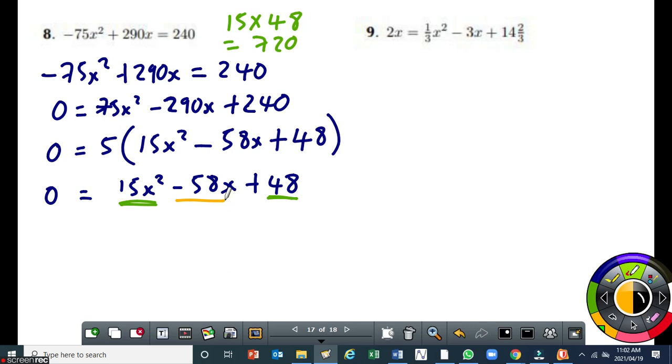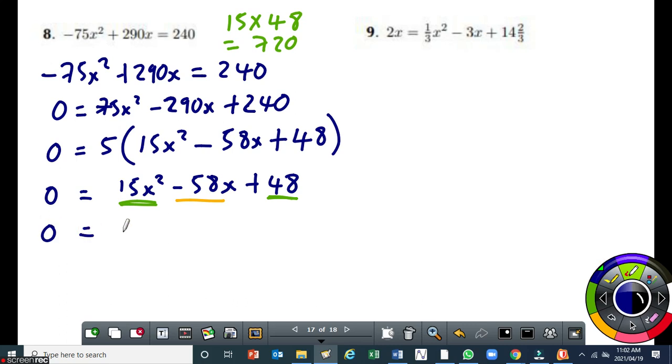Can someone tell us which two factors of 720 are such that they add up to minus 58? So minus 18 and minus 40. Alright, so we can use minus 18 and minus 40.